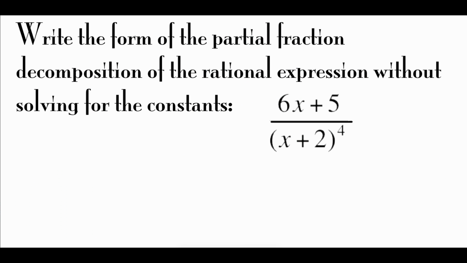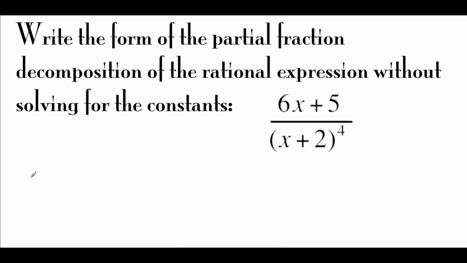Sometimes when we end up doing the factoring portion, we end up with a factor that repeats itself. So if we're looking on the bottom of this fraction, with having this x plus 2 to the 4th power, really that's like having x plus 2, another x plus 2, another x plus 2, and one more x plus 2. Okay, we'd have 4 x plus 2s. When those factors repeat themselves, we have a special way of dealing with them.